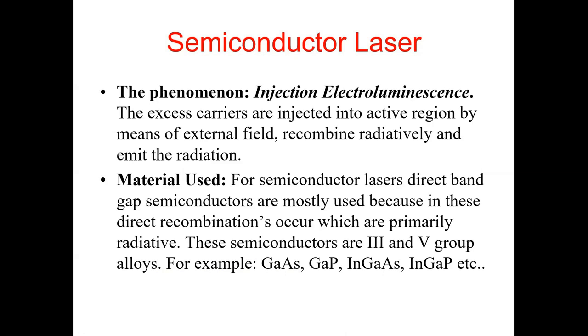Direct recombinations take place, and the primary choice for direct recombination is radiative. That's why we mostly use direct band gap semiconductors. Examples are gallium arsenide, gallium phosphide, indium gallium arsenide, and indium gallium phosphide.